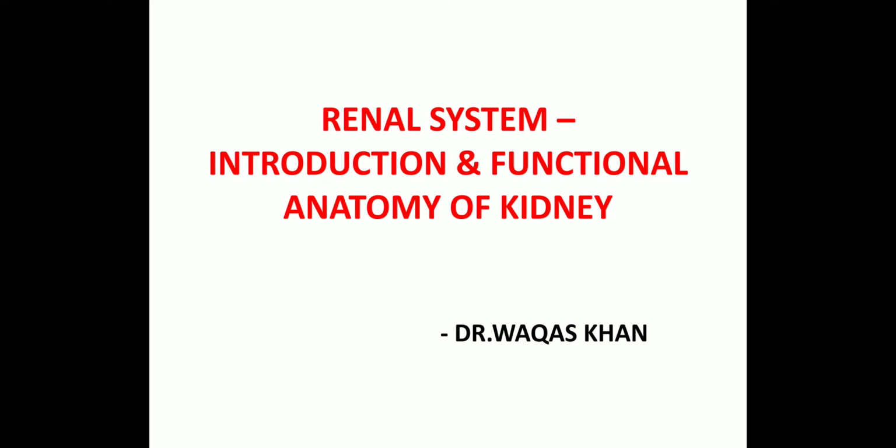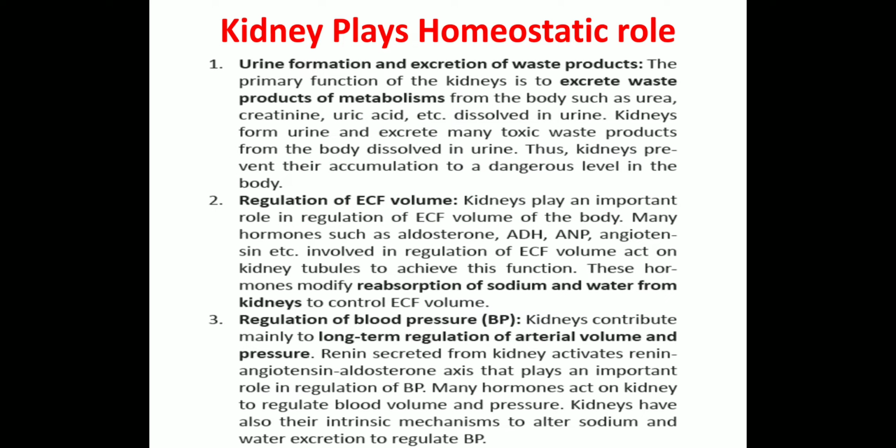So we all know that in the general introduction, what we have studied in our physiology classes, we studied about homeostasis, right? So the kidney also plays a very important role in homeostasis. So what are the roles? Number one is that it helps in urine formation and excretion of waste products.